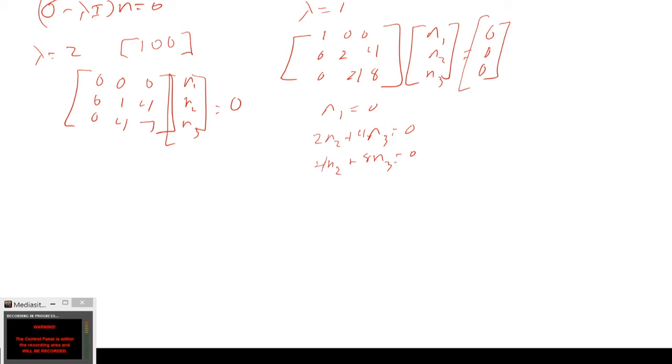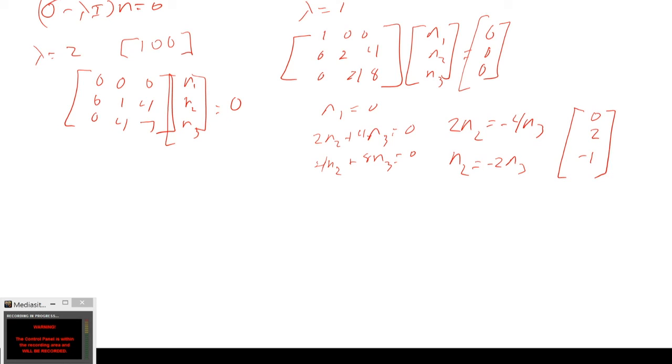Okay, so this is good. Our ratio is the same, so we know that n2 and n3 are not equal to 0. So we have 2n2 equals minus 4n3, so n2 equals minus 2n3, which gives us a vector of (0, 2, minus 1).